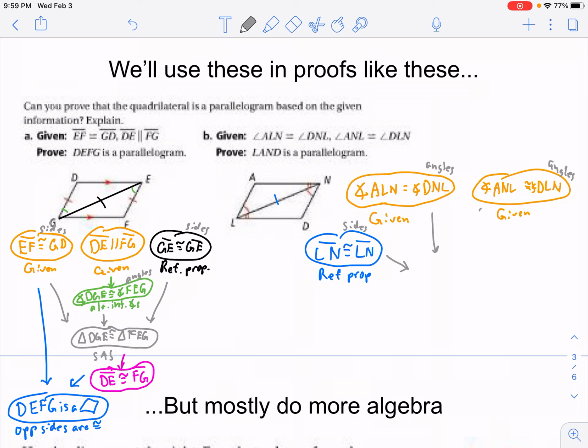So we can say that these triangles are congruent by the SAS postulate.